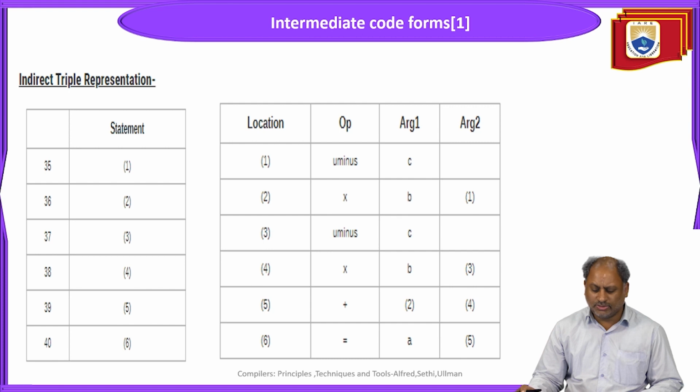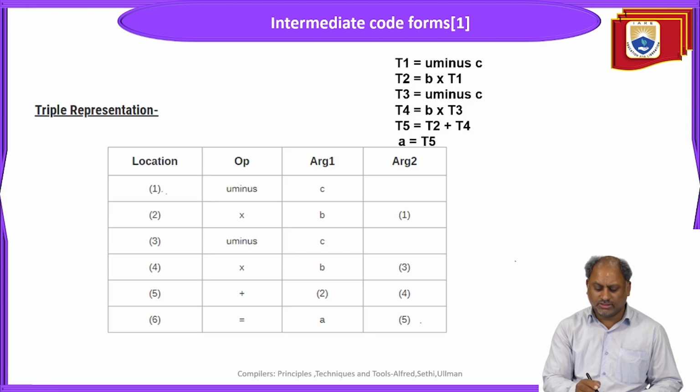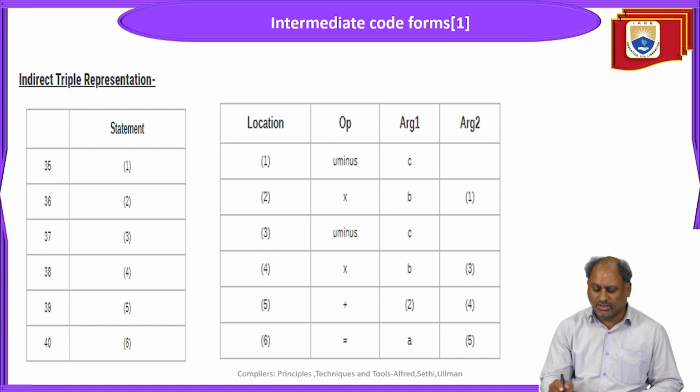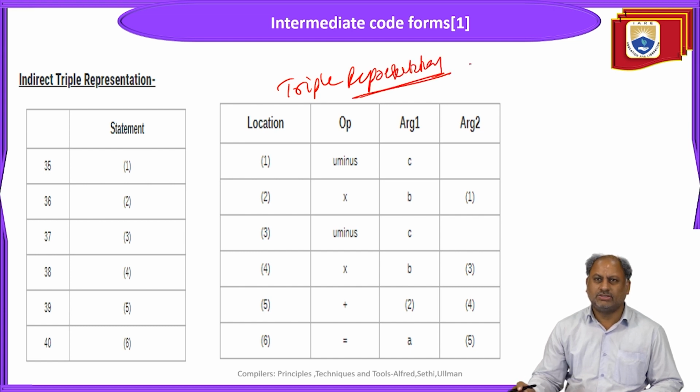Now indirect triple. See here we have taken this table with location and operator, the same table which is available here as a triple representation also. This is the triple representation which we got from the previous slide.